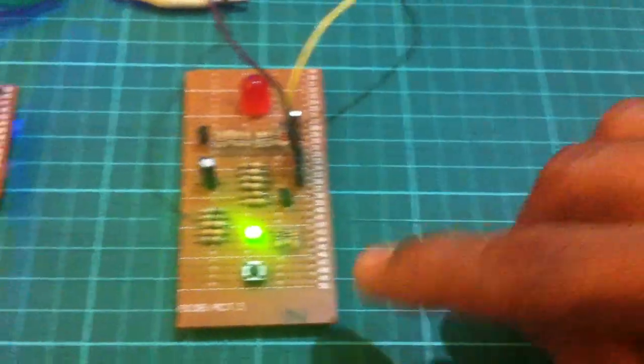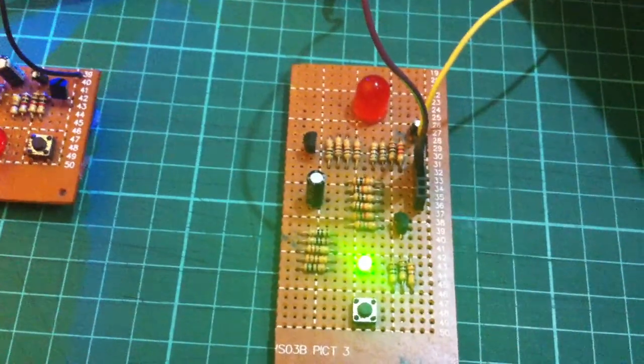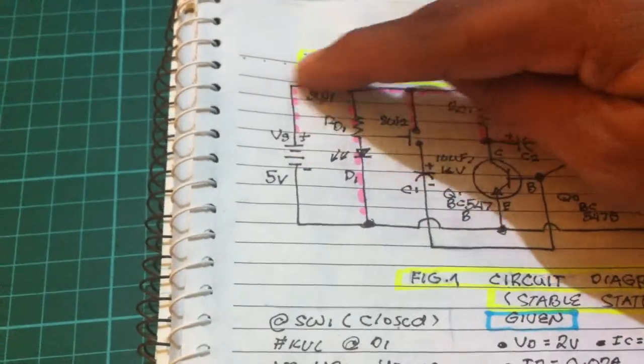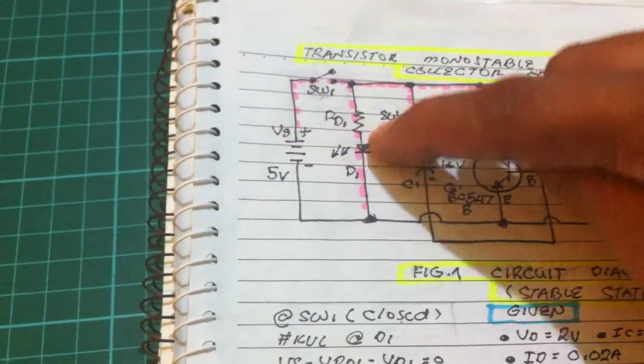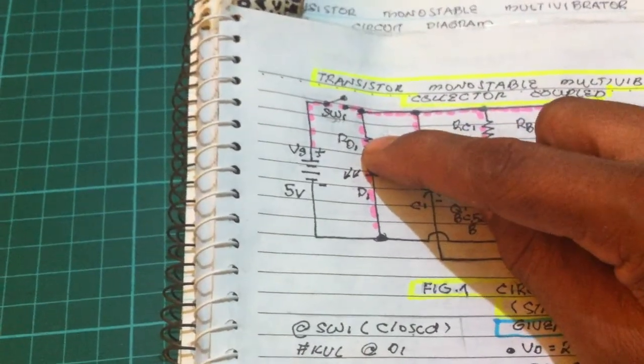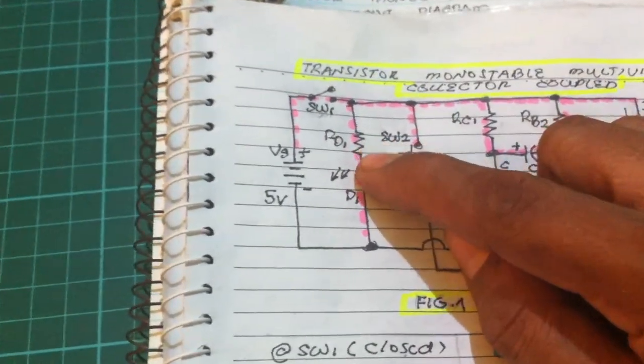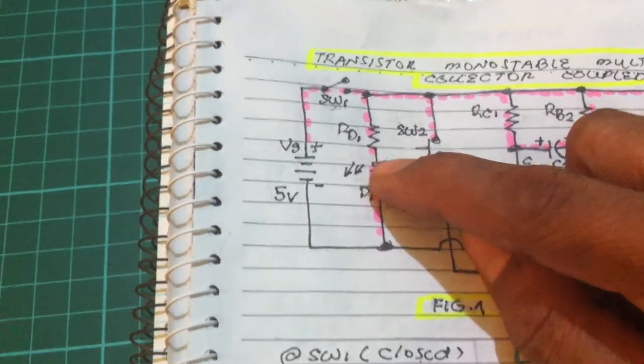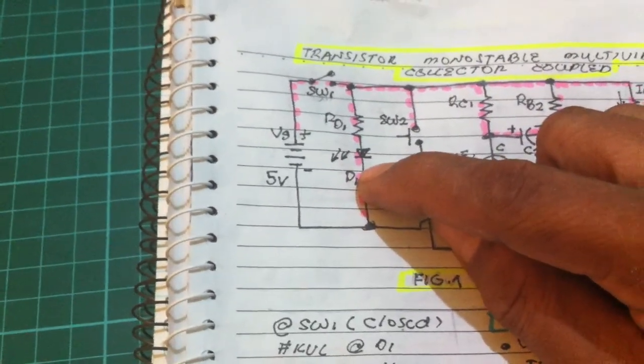That is the green one. Since we push the button, the circuit is on and the LED turns on. Closing the switch, the LED turns on, and current flows into the LED in series with the resistor. We use this resistor to limit the current flow of the LED.